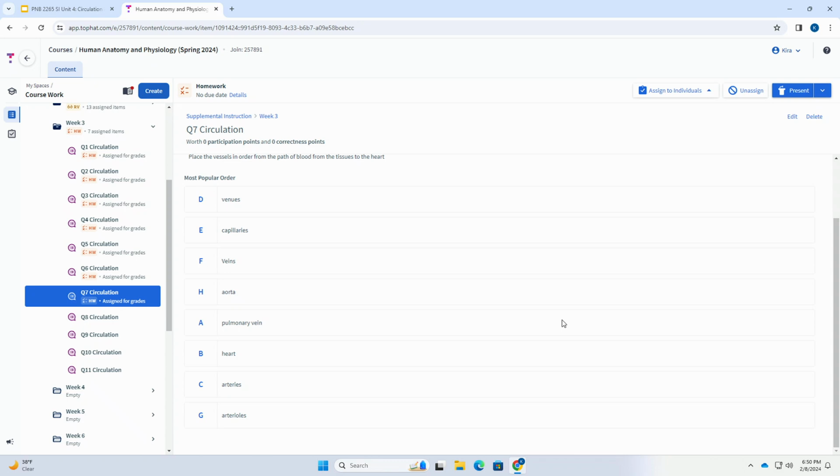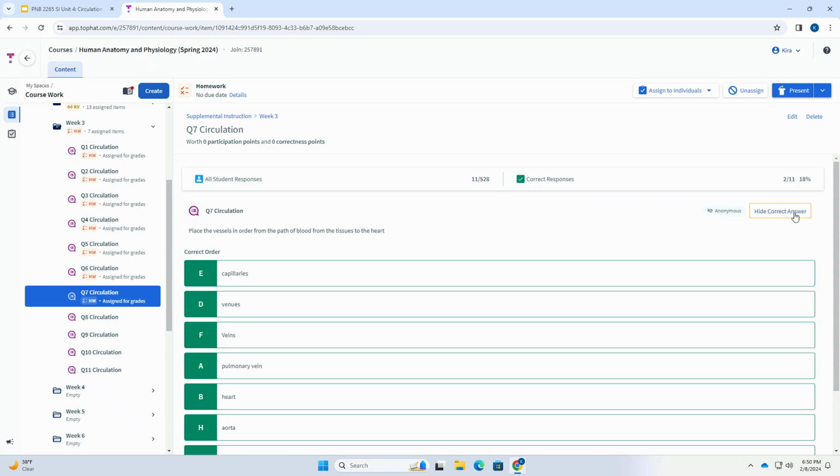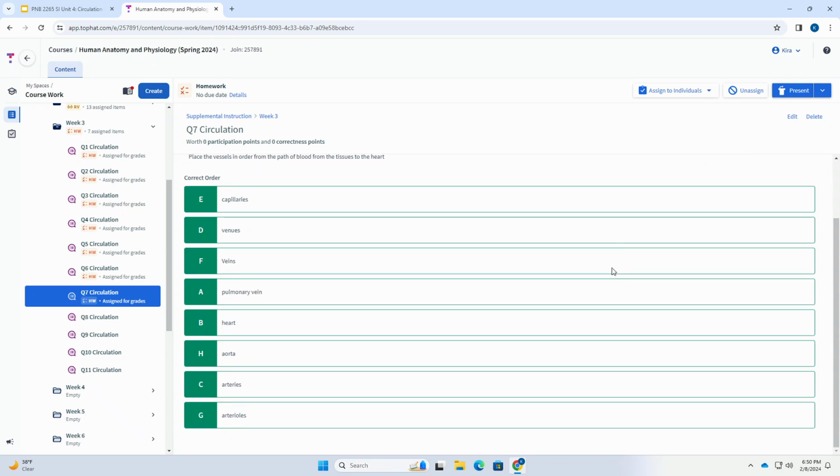These bring the gases for exchange, so that one is going to be first. And then from the capillaries, we merge into venules, which then merge into veins, arriving at the heart at the pulmonary vein.